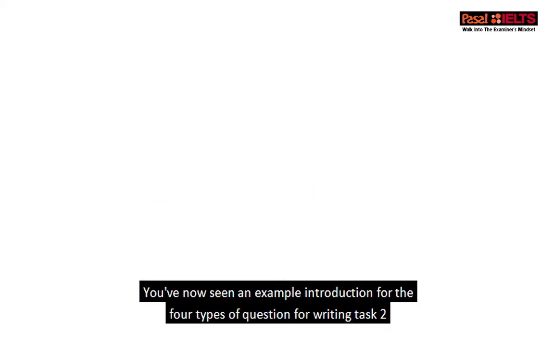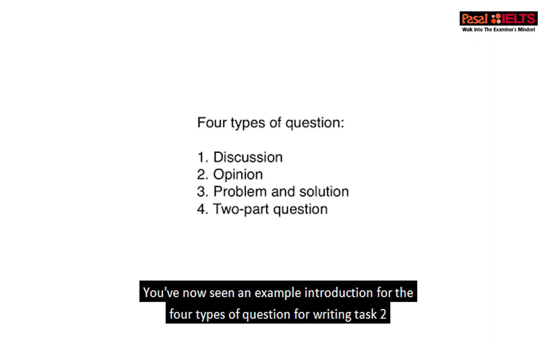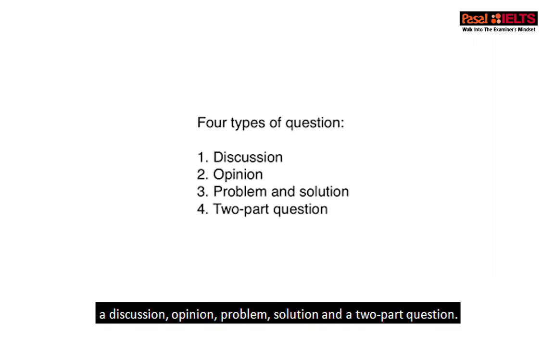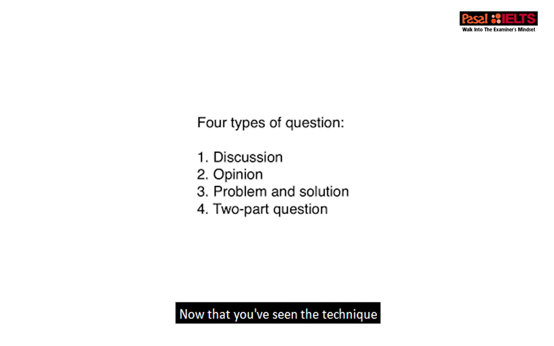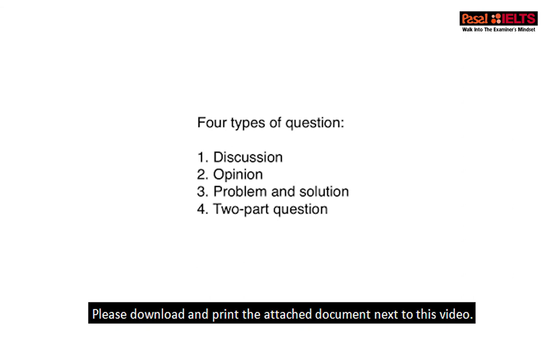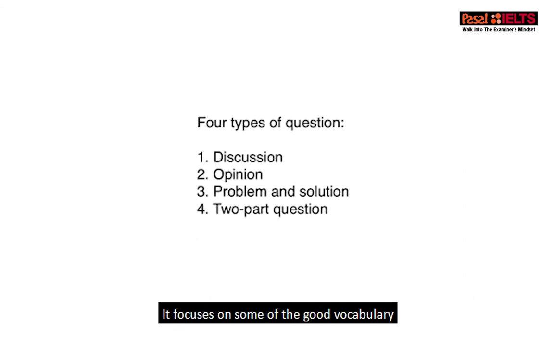You've now seen an example introduction for the four types of question for writing task 2: a discussion, opinion, problem solution, and a two-part question. Now that you've seen the technique, please download and print the attached document next to this video. It focuses on some of the good vocabulary in my introductions.